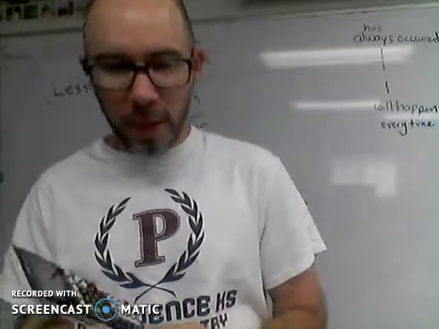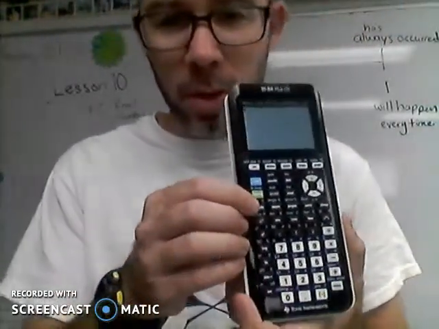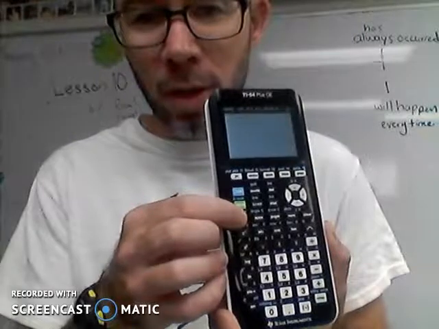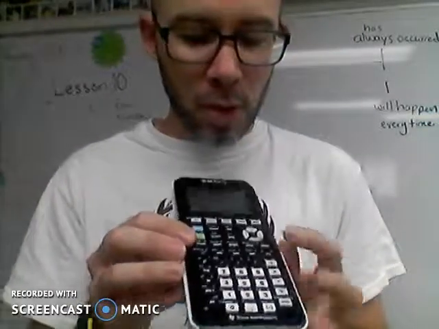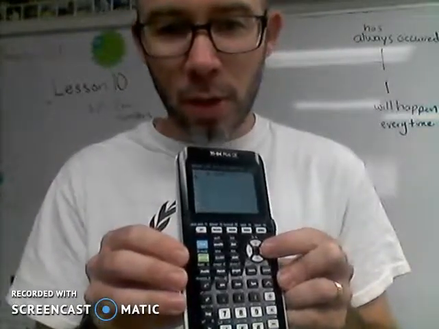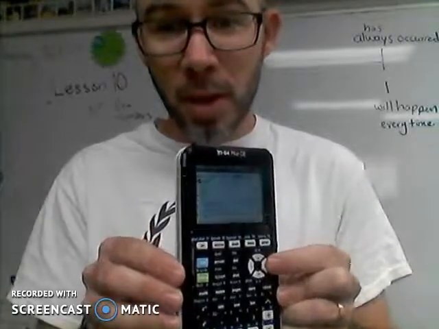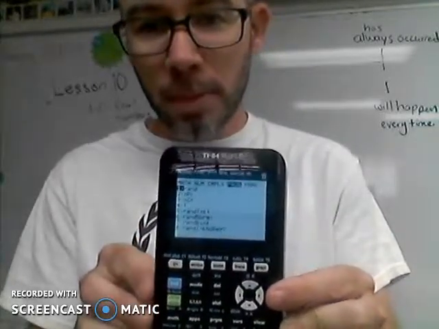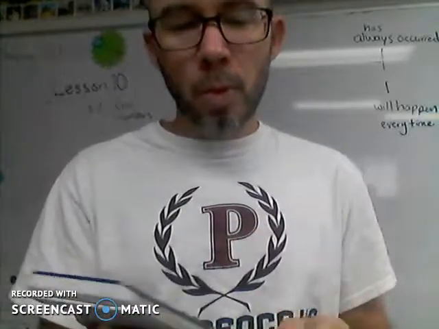One place that you can find a way to generate random numbers is using the math button over here on the side. And if you use your arrows and you go over to probability, the PRB there at the top, number 1 does generate random numbers for you, that first choice there.